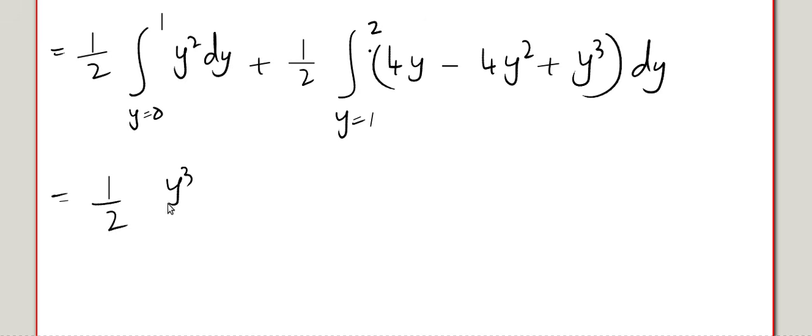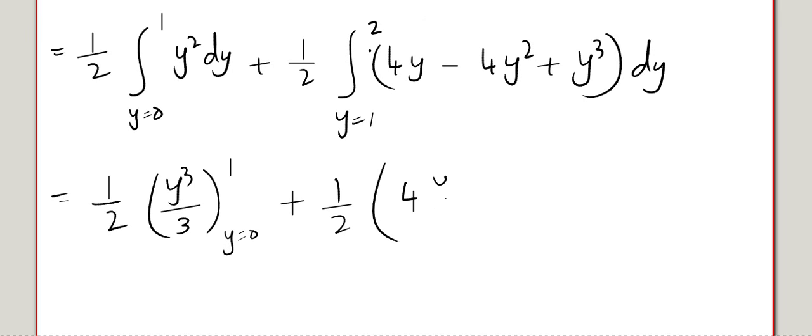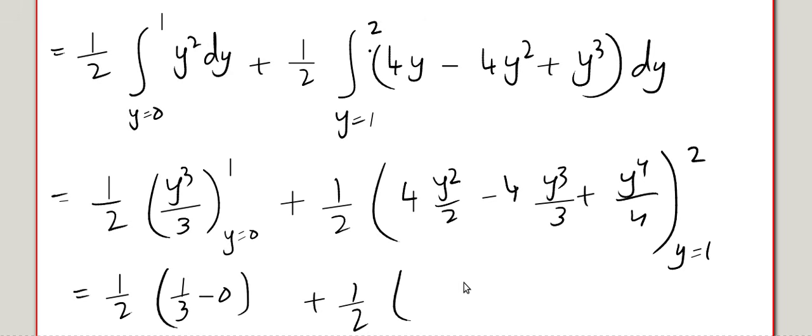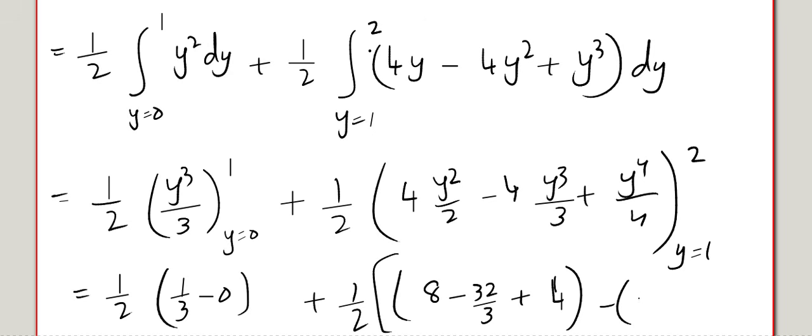Anyway, I'll go a little bit fast. You try it yourself and check with the final answer. 4y squared by 2 minus 4y cube by 3 plus y to the power 4 by 4 within y equal to 1 to 2, which gives me 1 by 2 into 1 by 3 minus 0 plus 1 by 2 into, you plug in the upper limit, it will give 2 squared, 4 into 2, that is 8 minus 2 cube, 8 into 4, 32 by 3 plus 16 by 4, that will be a 4, minus 2 minus 4 by 3 plus 1 by 4.